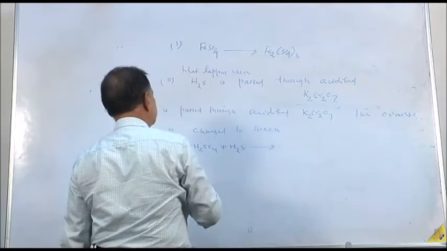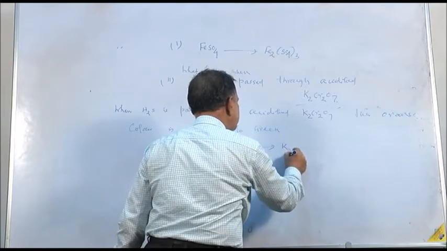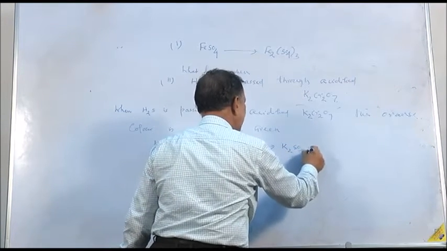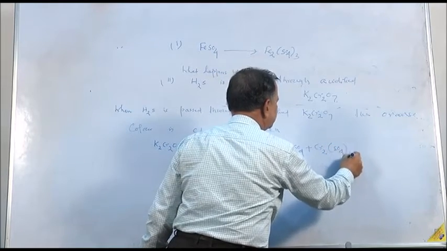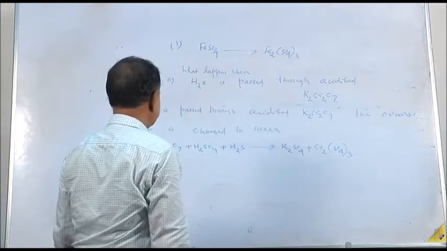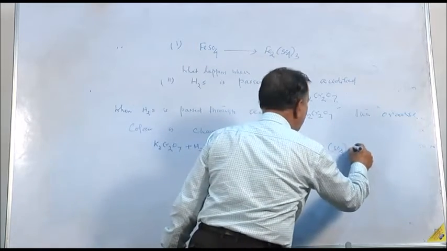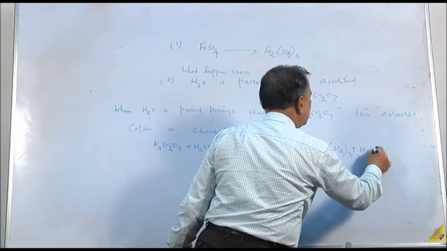The reaction will give K2SO4, balance it, chromic sulphate Cr2(SO4)3 plus H2O plus sulfur.